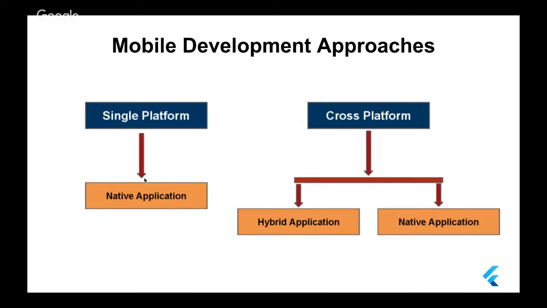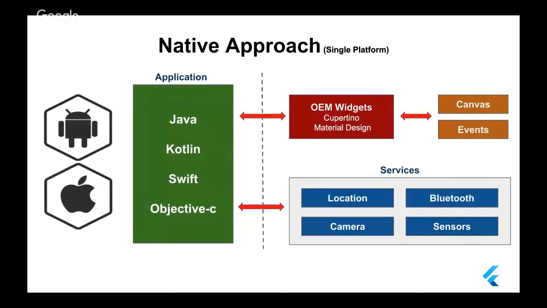On the other side, we get only one application for one specific platform. If we need to target the other platform, we need to use another language, another platform, another development tool. So let's get started.